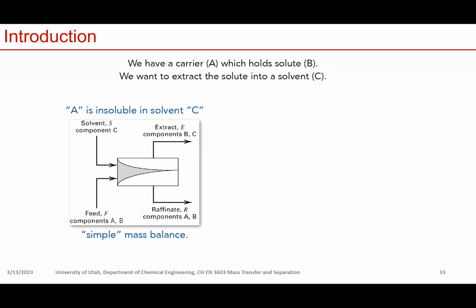In the stream called the raffinate, we will still have components A and B, but the amount of B in this raffinate will be much lower than in the feed, because part of the B in the feed will be dissolved into the solvent. That forms the extract stream, which contains B from the feed and the C, which is the solvent.